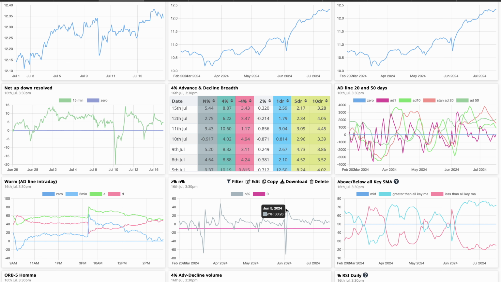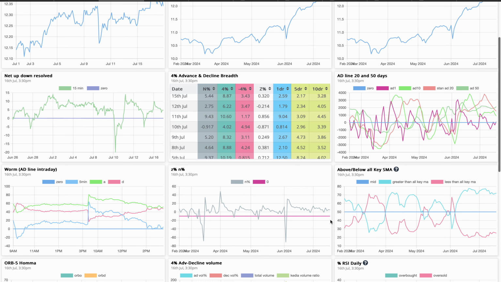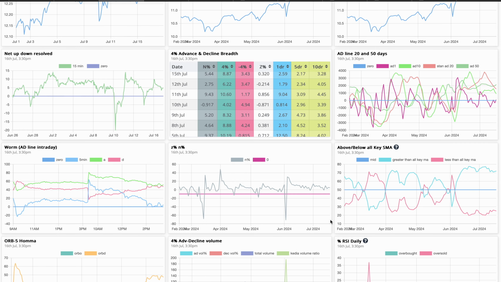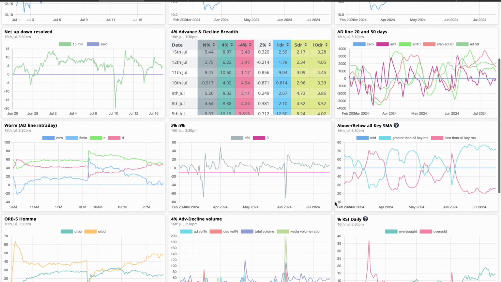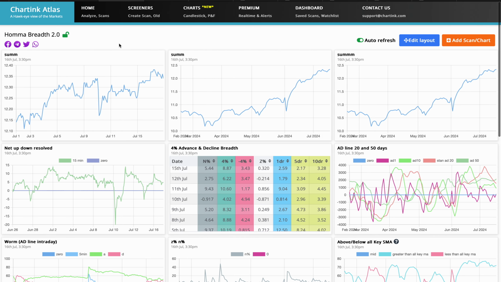And it looks like, after cooling off for some period, this is a cool off period, because we were actually overshot. Now it might again be ready to shoot up. So that's my reading, and that's all about breadth.